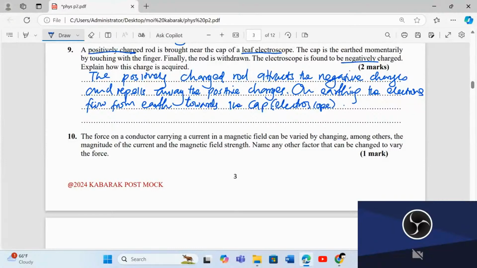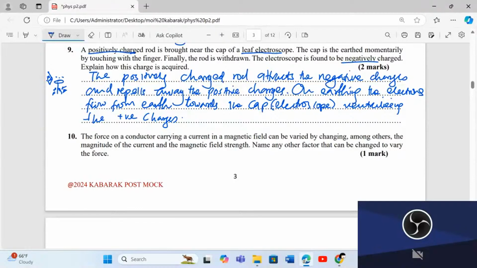And they neutralize the positive charges. In elaboration, you can say that this is positively charged. It is brought near the cap, the negative ones are attracted here, and the positive ones are repelled towards the leaf.